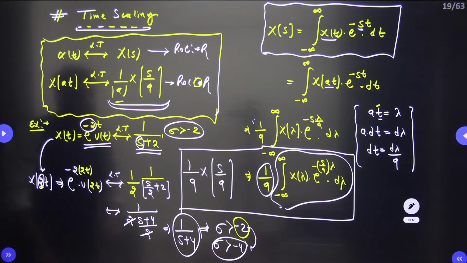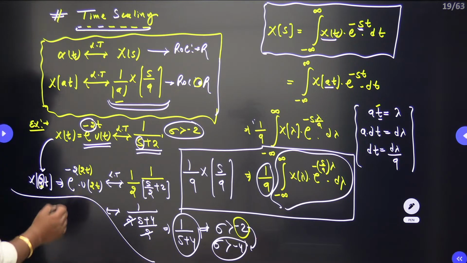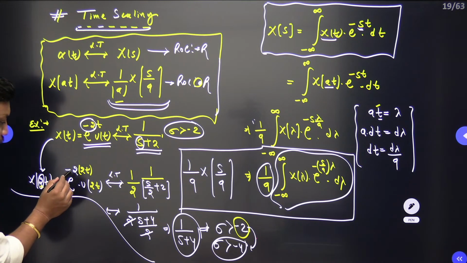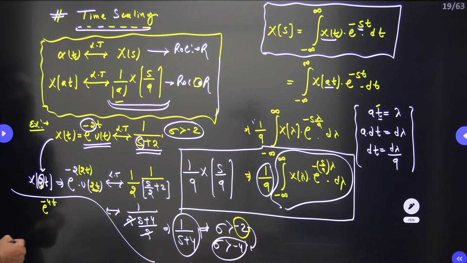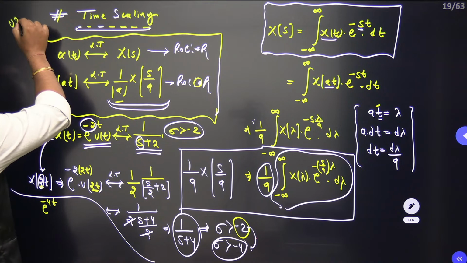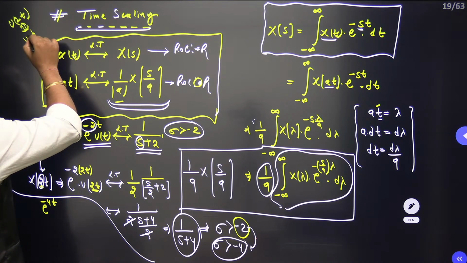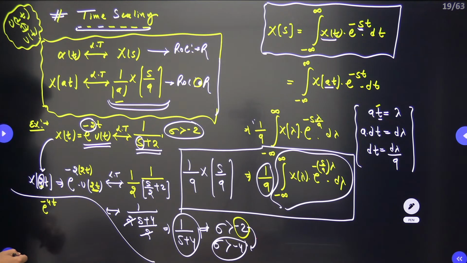Even if I check using the basic concept, 2 times 2 is 4, so it becomes e to the power minus 4t, and u(2t) is what? We all know that u(2t) is always equivalent to u(t) only, because the unit step signal is independent of time scaling.